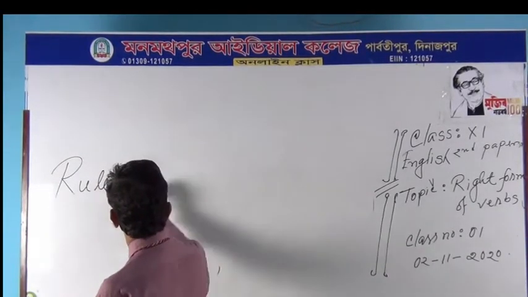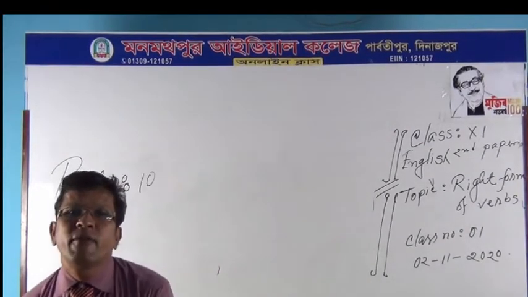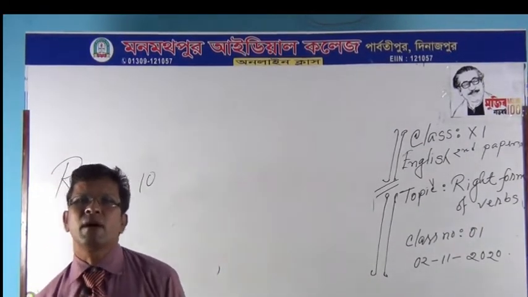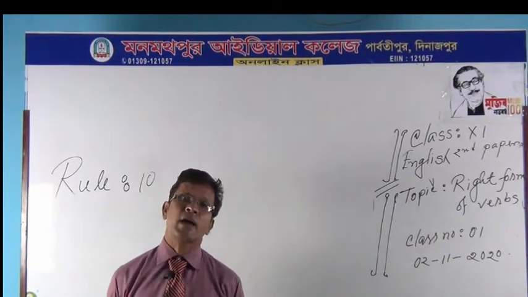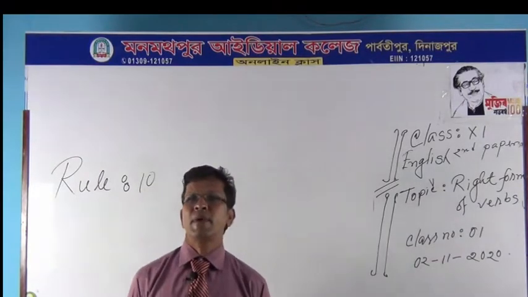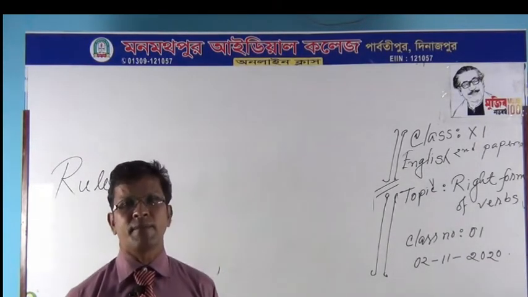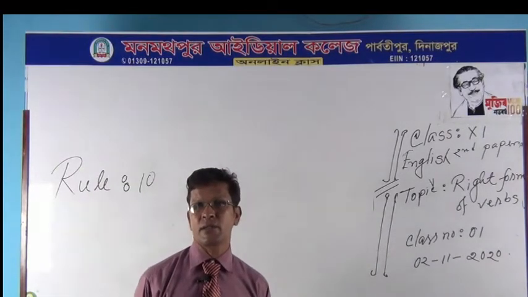Rule number 10. If you find two principal verbs in a simple sentence, you have to add "ing" with the verb within brackets. Once again, if a simple sentence contains two principal verbs, you have to add "ing" with the verb within brackets. Notice now.